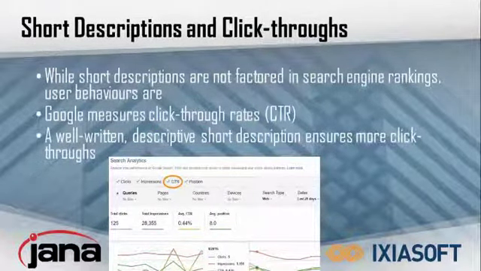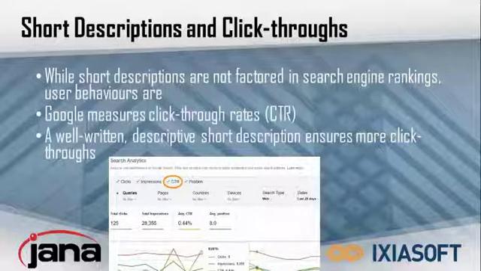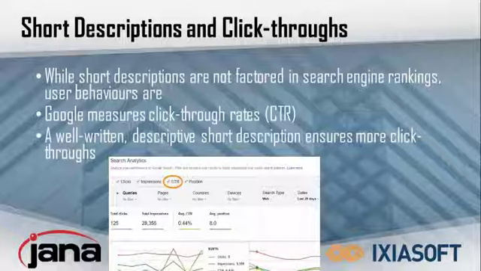The other thing that is important to consider when looking at search engine rankings and short descriptions is understanding that click-throughs matter. A click-through is when somebody looks at the search engine results that appear when you go to a place like Google and search for information. It records how many times people actually click on the link.